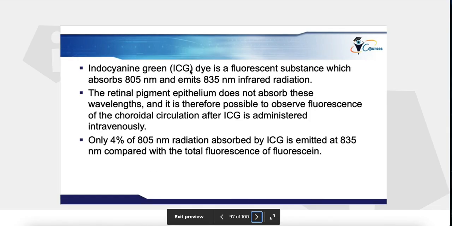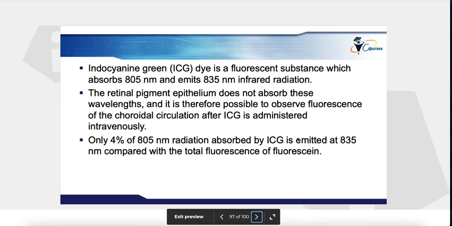On the other hand, the other dye is ICG. This is another fluorescent substance, but it absorbs and emits light of the infrared spectrum. So it will absorb at 805 and emit longer wavelength light of 835. The main advantage of ICG is that the RPE does not absorb these wavelengths of infrared.